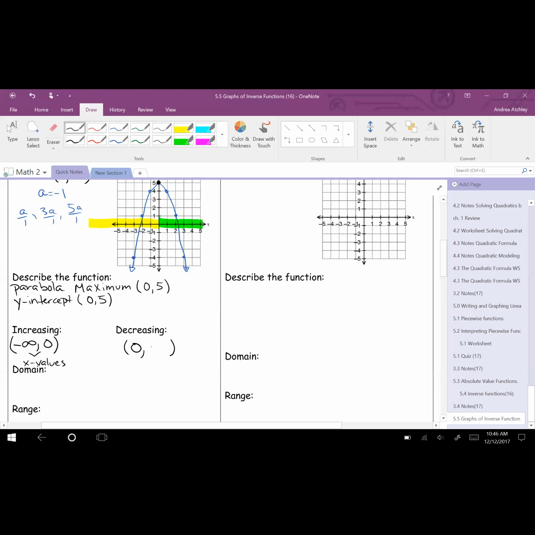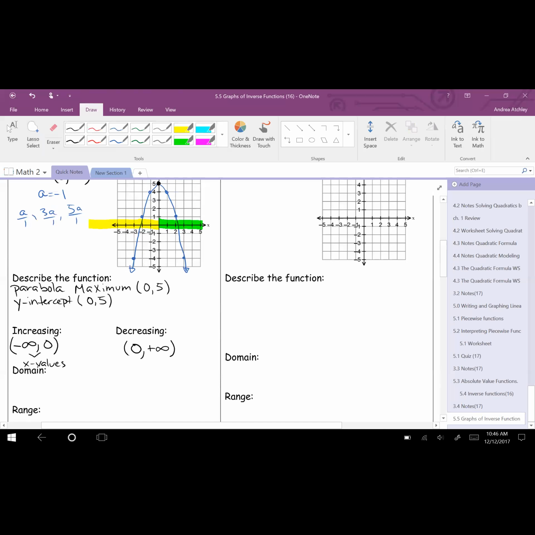So that is to positive infinity, because it will continue going on and on forever. Any questions over that? We're good?